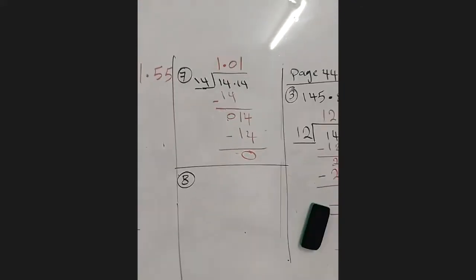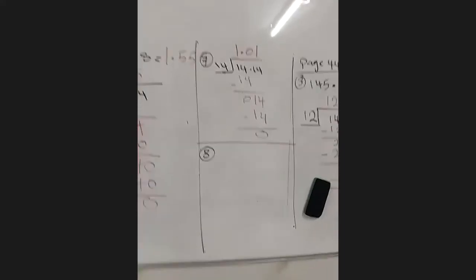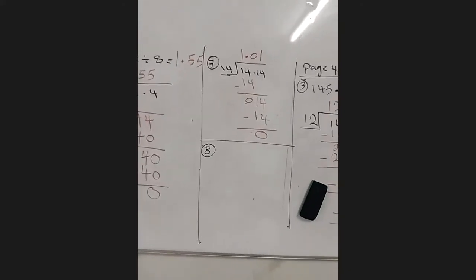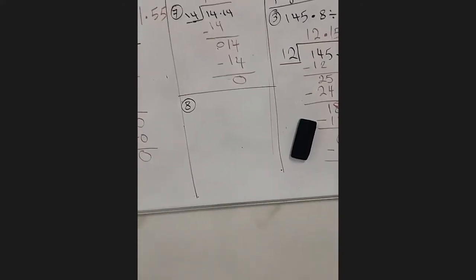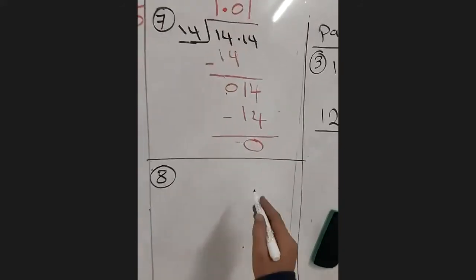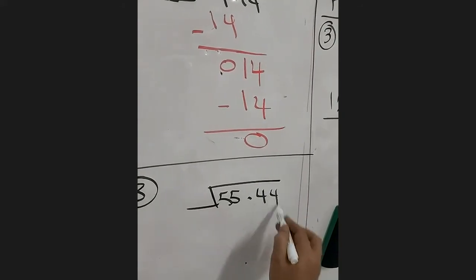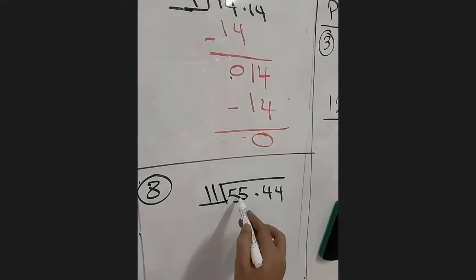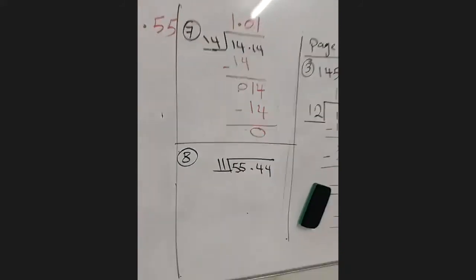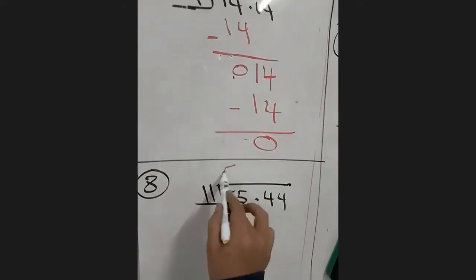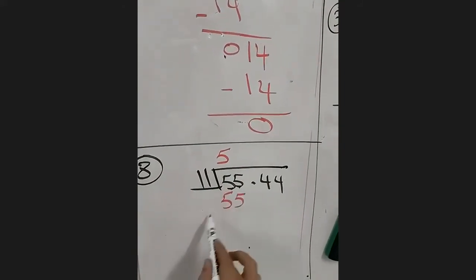And let's do question 8 with Yahya. What do we have in question 8? 55.44 divided by 11. 5 divide 11, we can't. 55 by 11 is 5.